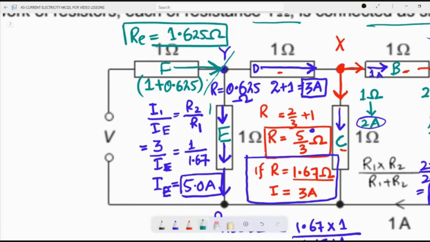This is one mystery solved. Now, what is the current flowing through?